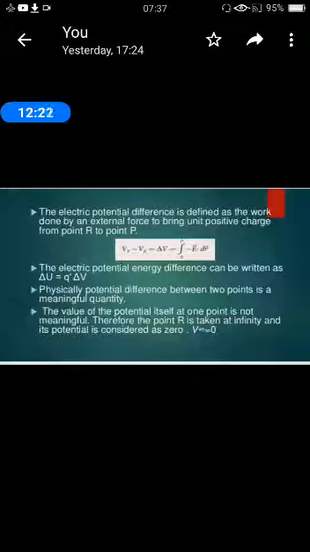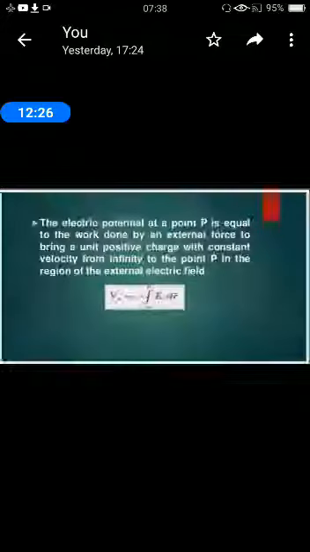Here we are considering the potential at two points, Vp and Vr. And in electric potential, when I say only the electric potential at a point P, it means that we are going to bring a charge from infinity to the point P. So my formula becomes Vp is equal to minus integral of infinity to P E vector dot dr vector.